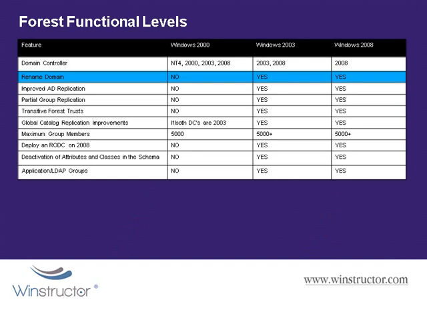For example, if you'd like the ability to rename a domain, you'll need to be running your forest functional level at Windows 2003 or Windows 2008. If you're still running any Windows 2000 domain controllers, then you'll need to upgrade them to at least Windows 2003 if you'd like the ability to rename any domains.